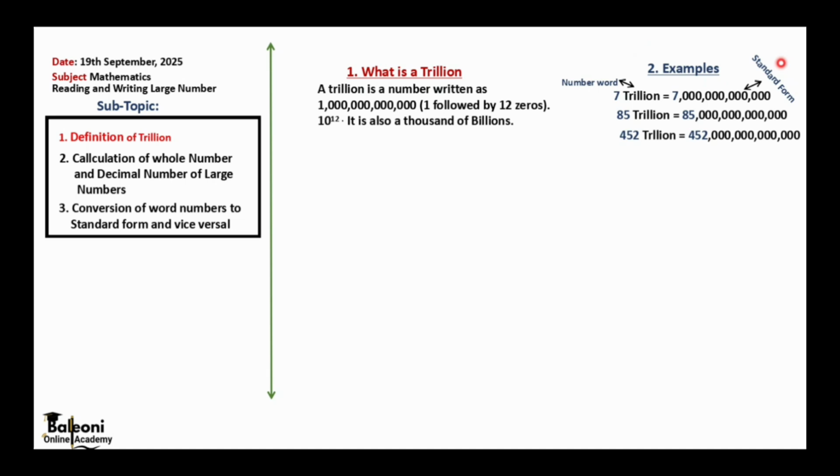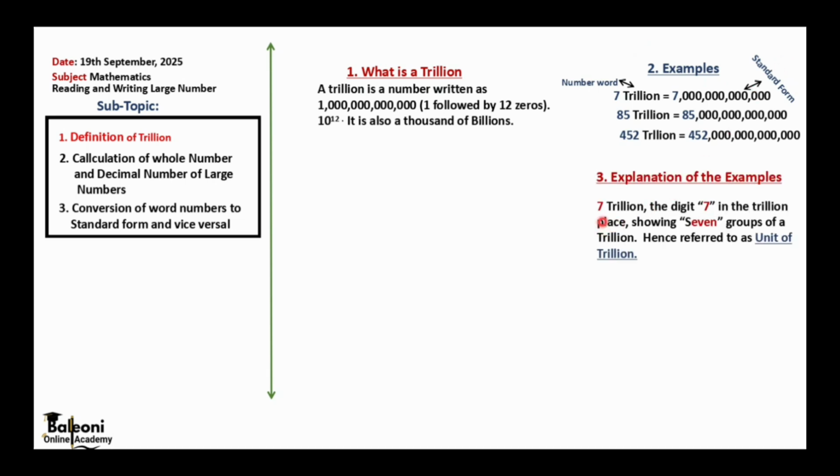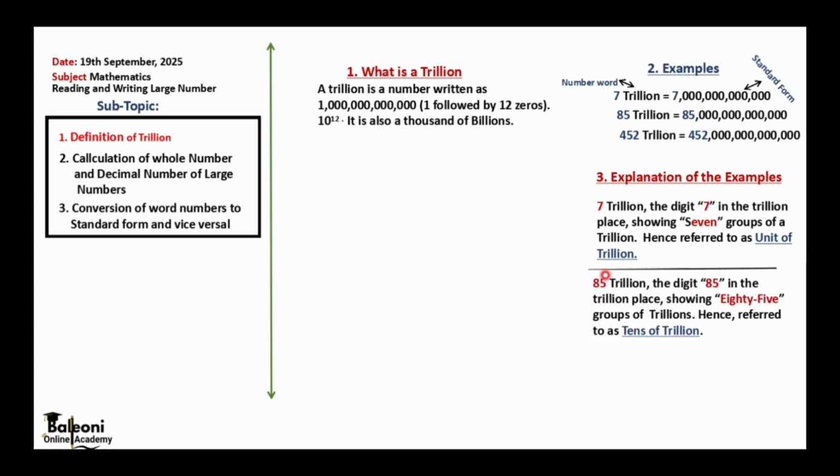So let's give an explanation of the three examples. That is number three item. 7 trillion: the digit 7 in the trillion place, showing 7 groups of a trillion, hence referred to as units of trillions. Then 85, that is 85 trillion: the digits 85 in the trillion place, showing 85 groups of trillions, hence referred to as tens of trillions.